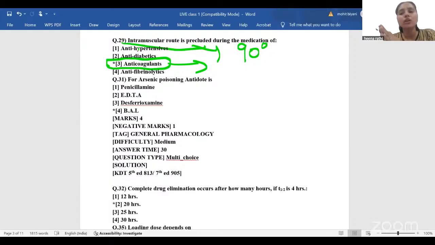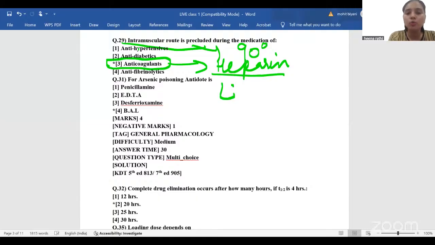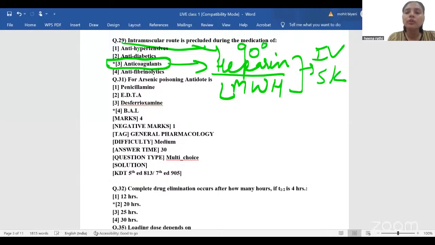Anticoagulants are those drugs which inhibit coagulation, which reduce clot formation, like heparin. Heparin is the most commonly used anticoagulant drug, or the low molecular weight heparin. Most of these are given by the IV route or the subcutaneous route. It is not given by the intramuscular route.